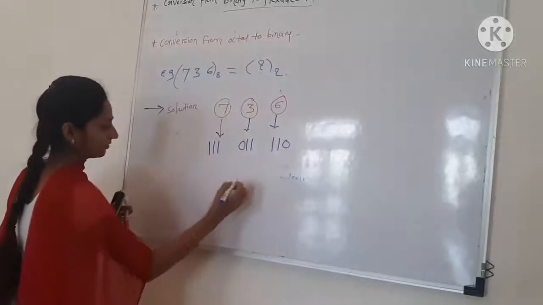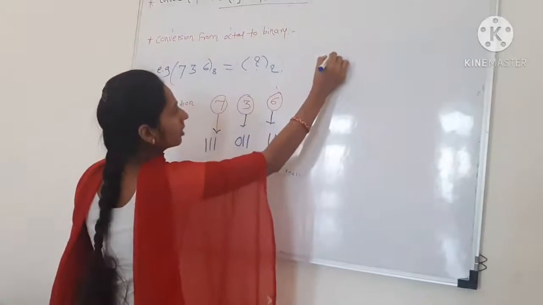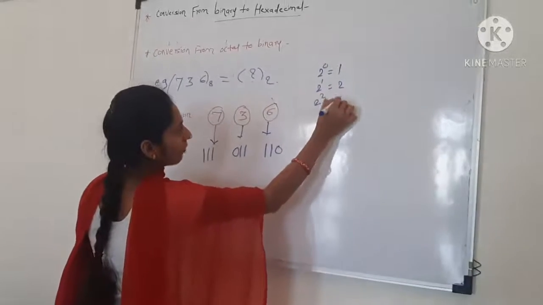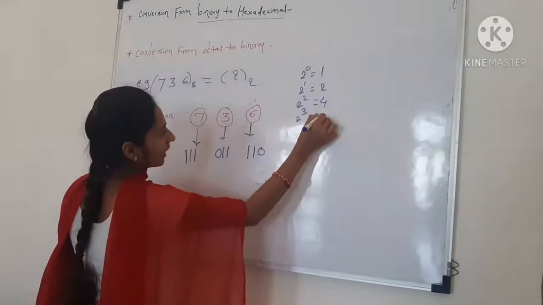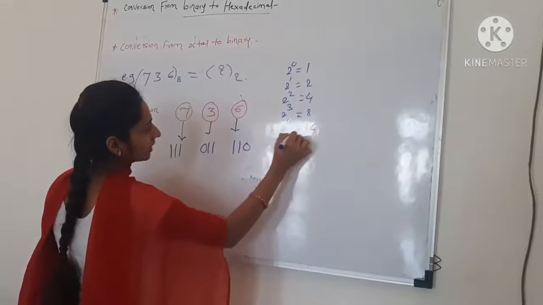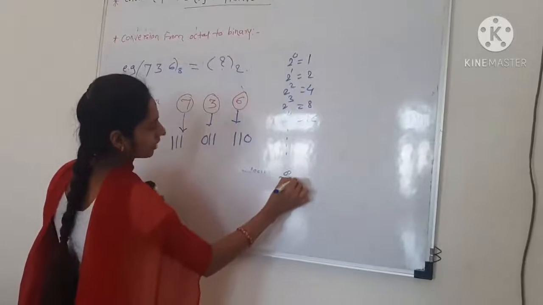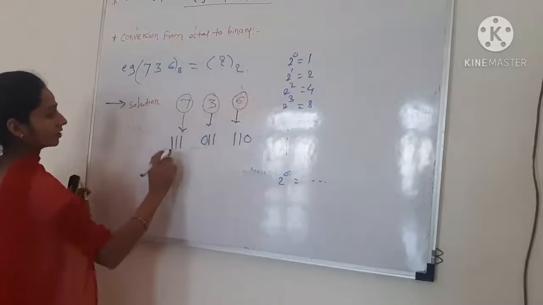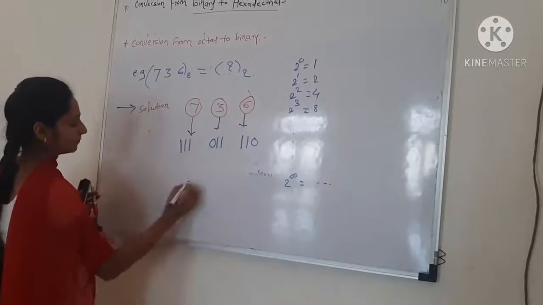So let's see. We write here 2 raised to 0, 1, 2, 4, 8, 16, likewise up to 2 raised to infinity. So how does 7 come?